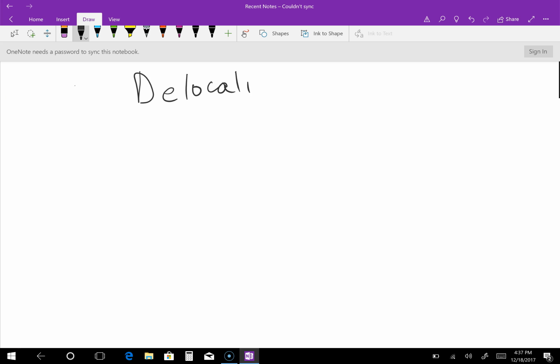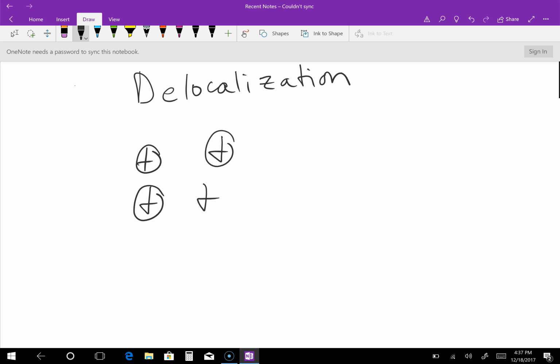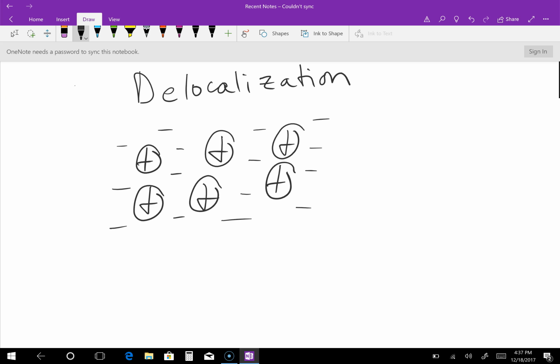So, one of the biggest properties of metallic bonding is the fact that all these metals, as we talked about, have similar energy levels and they are delocalized, meaning they are not fixed to their charges. So if these little positives represent kind of like the atoms, and these negatives represent the electrons around each atom, we can see that all of these electrons are just going to float around.